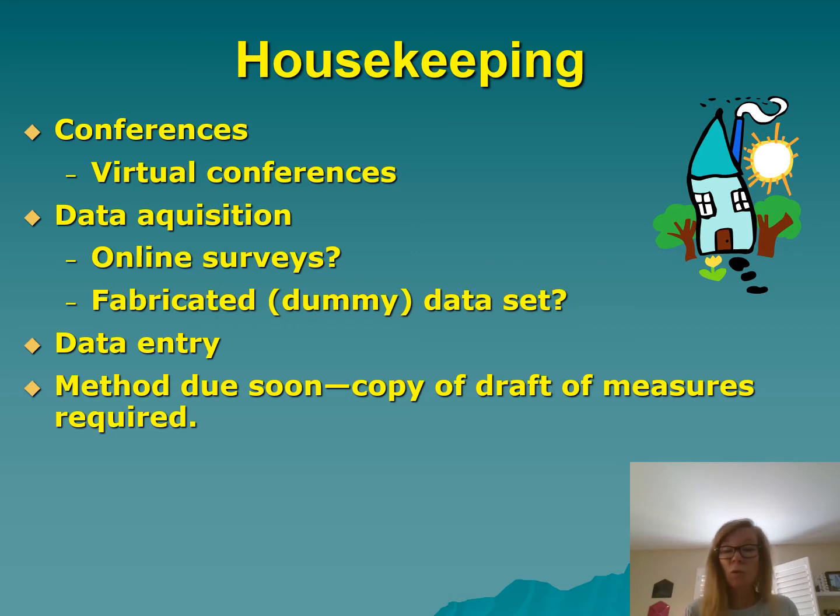So whatever tools you're using to measure your dependent variable, if you're doing an experiment, or your 2 variables, your X and your Y, if you're doing a correlation, and any demographic items that you want to use to describe your participants in your participant subsection of your method, all of that needs to be submitted along with your method, because I need to have a look at those to make certain that they're appropriate for use and that they aren't going to result in any major errors that are going to give you a problem when it comes to doing data analysis.